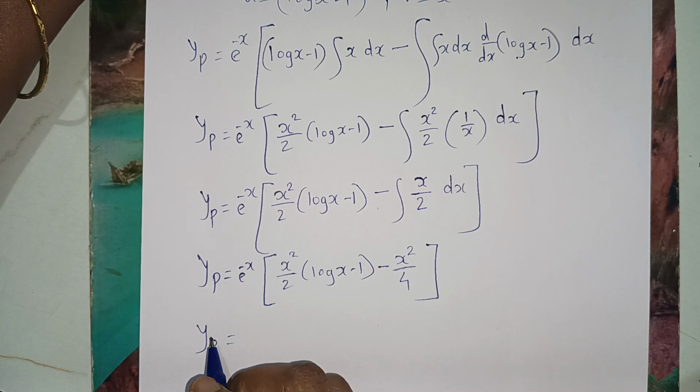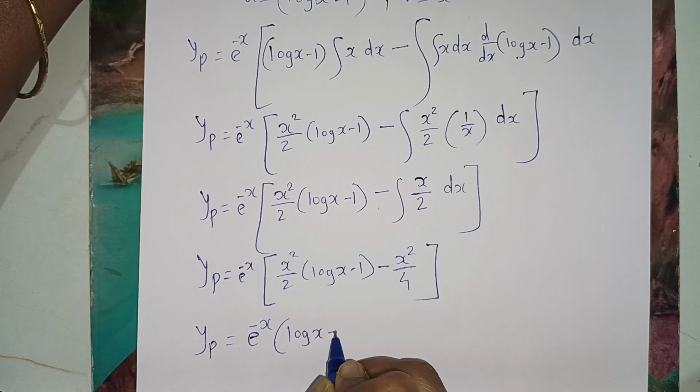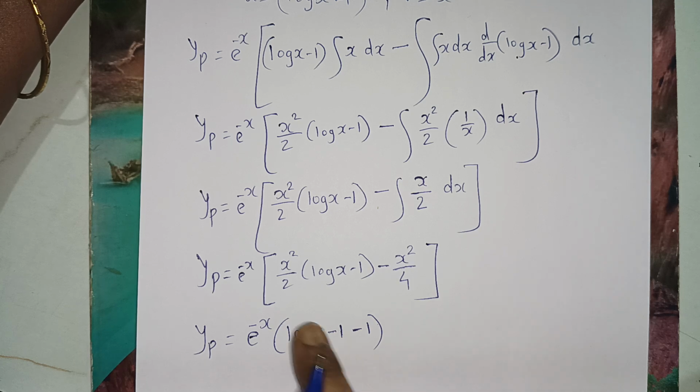e raised to minus x, into the bracket log of x minus 1, minus this one. Or you can keep it as it is.